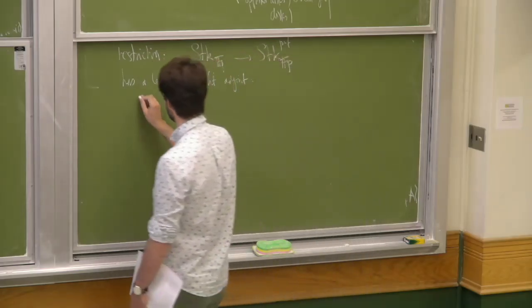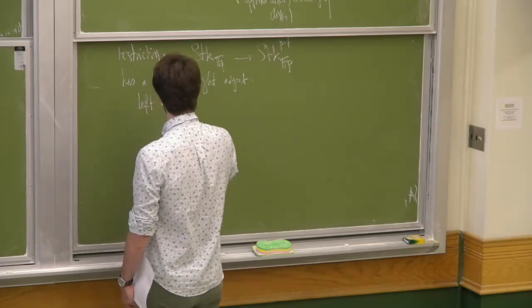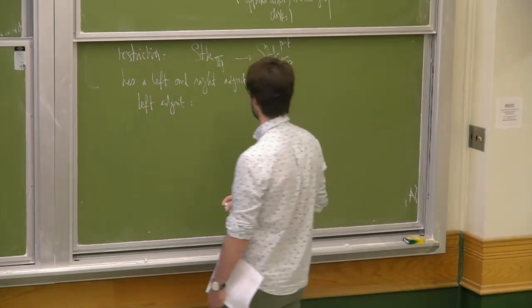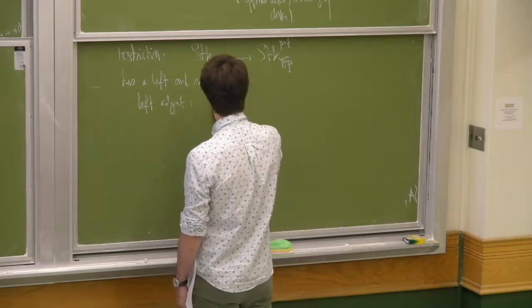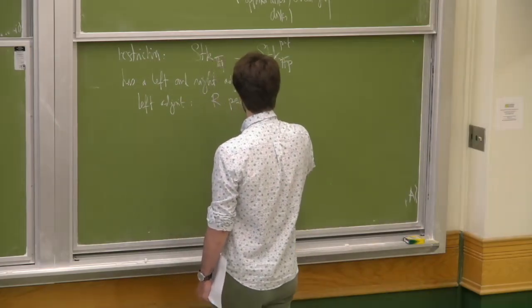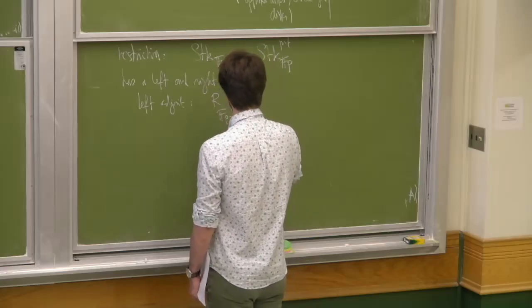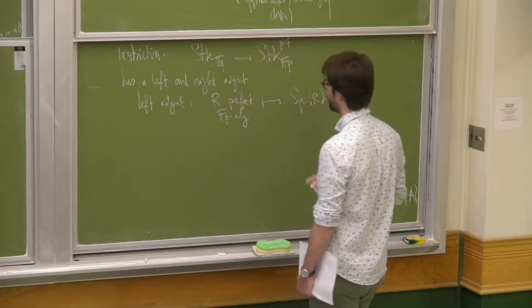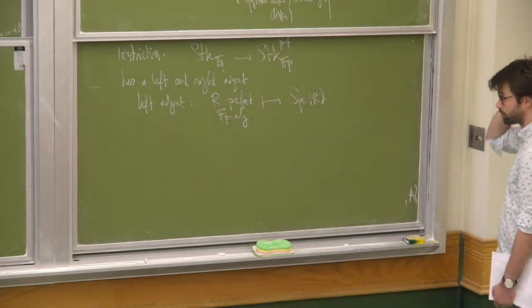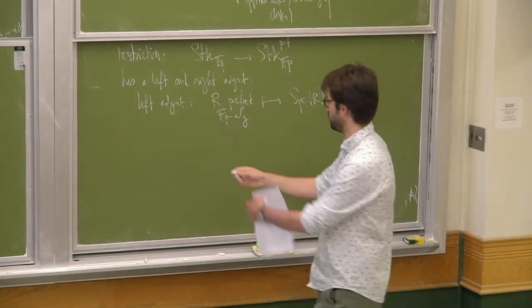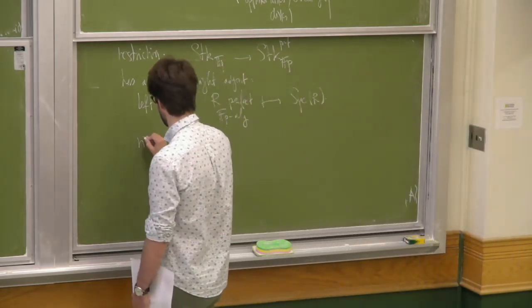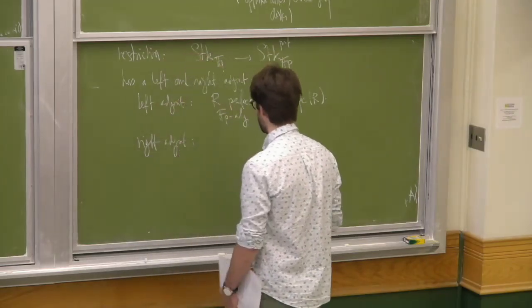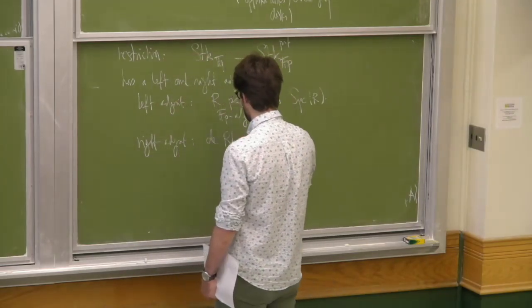The left adjoint is a thing which sends a perfect F_p-algebra R to R. The right adjoint is something that deserves to be called the de Rham stack.